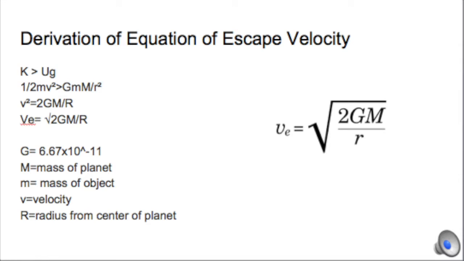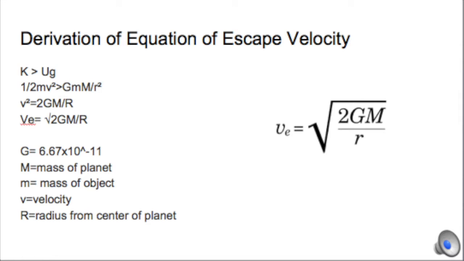In order to escape a planet, you need a velocity great enough to overcome this gravitational field. So the kinetic energy, 1/2 mv squared, where m is the mass of the object trying to escape and v is your velocity, must be greater than the gravitational constant, 6.67 times 10 to the negative 11th, times the mass of the object times the mass of the planet over the radius.